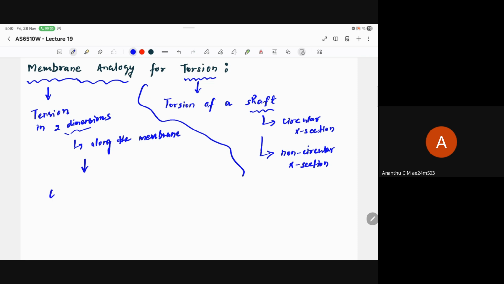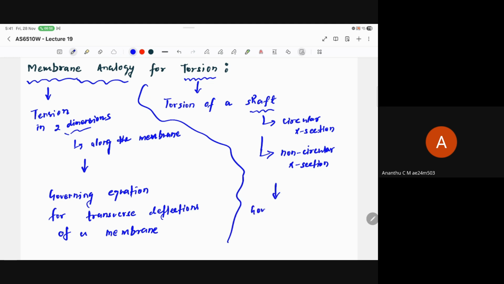So there will be a governing equation for transverse deflections of a membrane, and then there will be a governing equation for the torsional stress function.